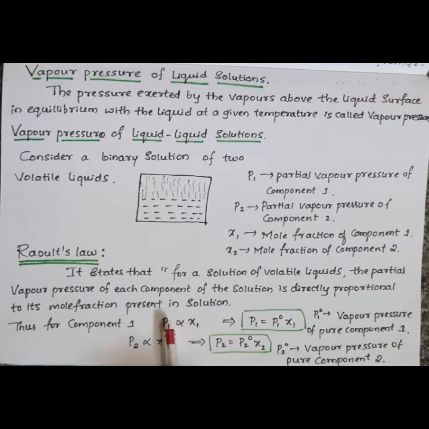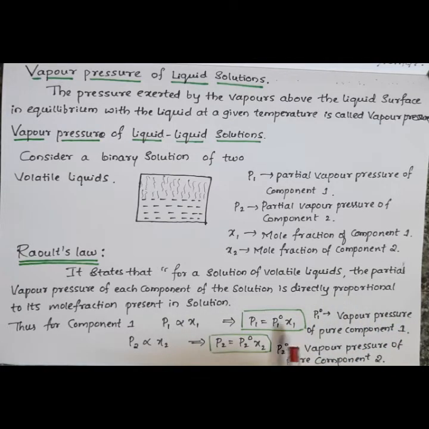The partial vapor pressure of component 1 is directly proportional to the mole fraction of component 1, and it implies P1 is equal to P1 naught into X1. Removing the proportionality sign, we take a constant, P1 naught. This P1 naught is a constant and it indicates the vapor pressure of the pure component 1.